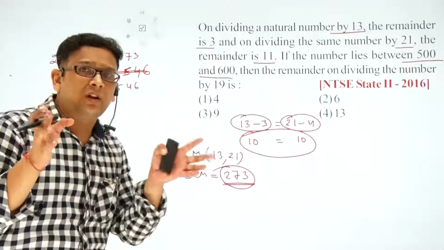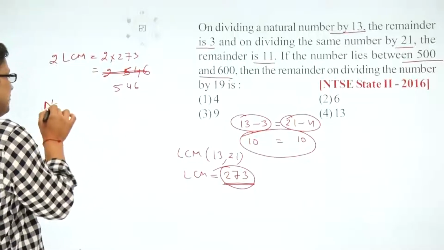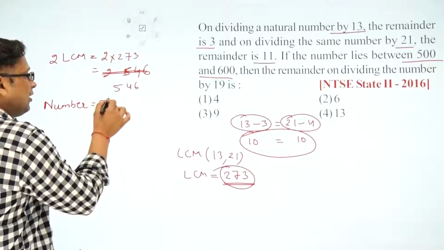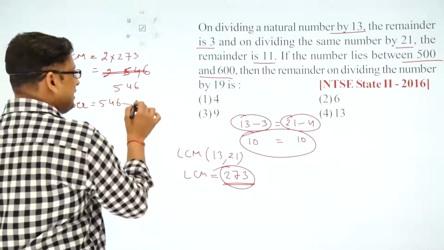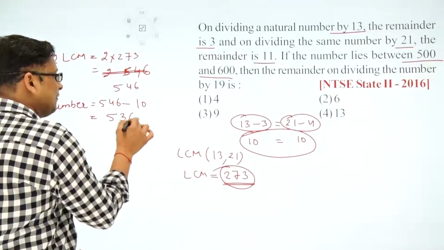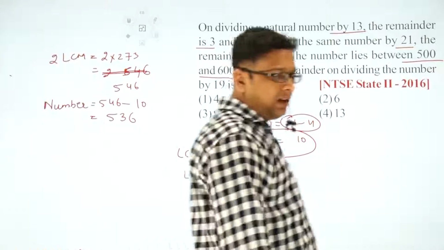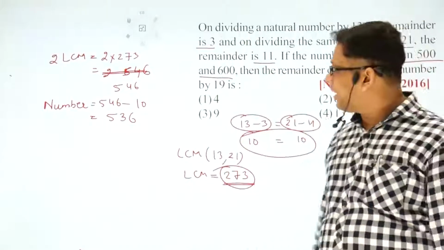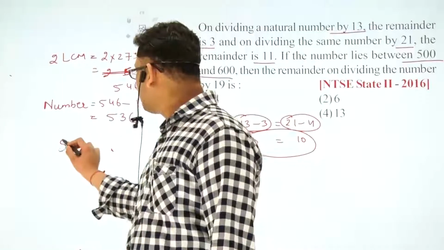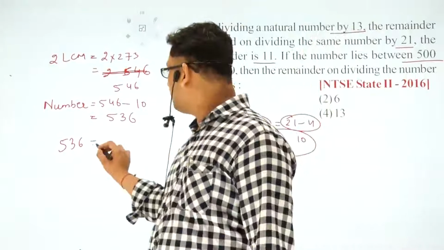So the required number is 546 minus 10, so we get the actual number, 536. Now we divide 536 by the divisor 19.